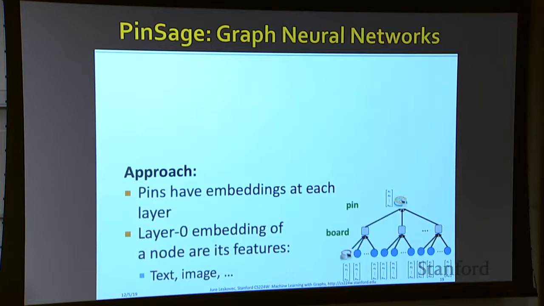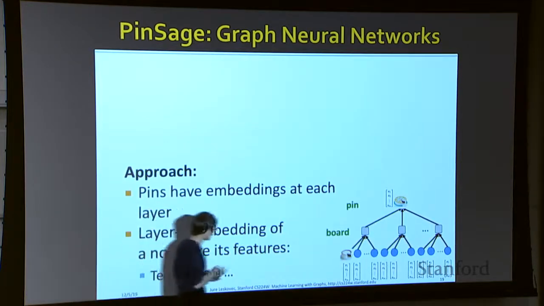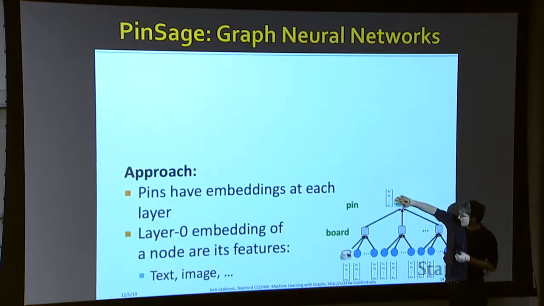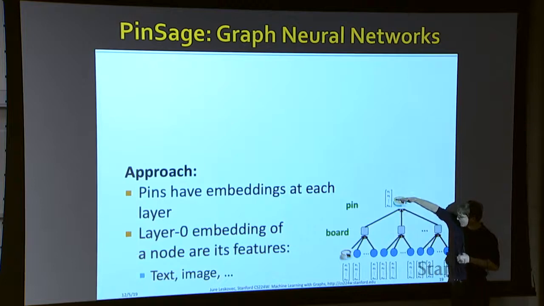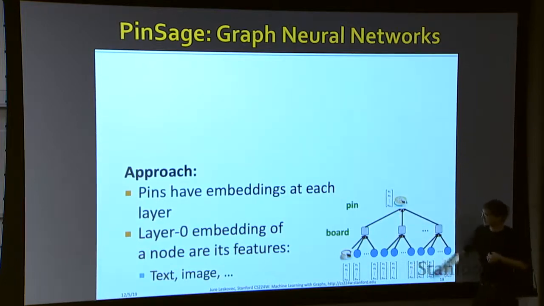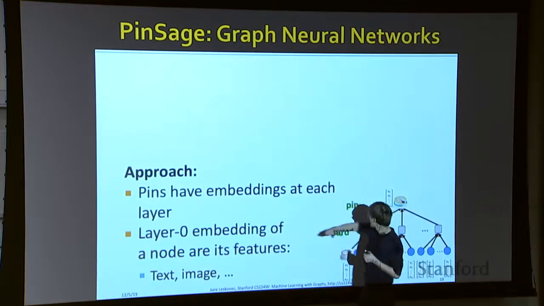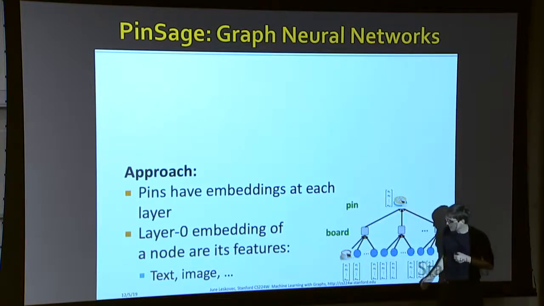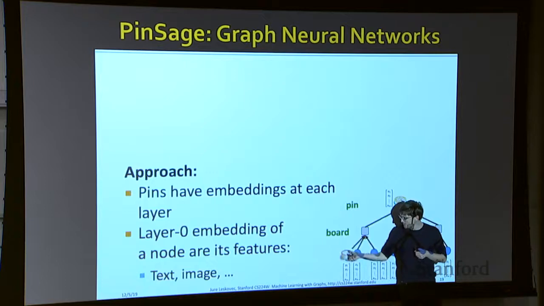The idea will be the following. For every target pin, I will unroll the bipartite graph to get the graph neural network. This means that pins will have embeddings at every layer. At the bottom layer, I will simply initialize the embeddings based on the textual and visual features of every pin.